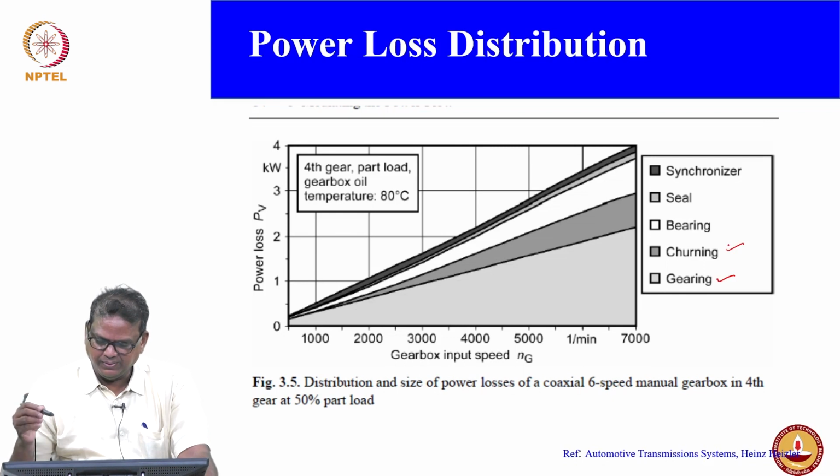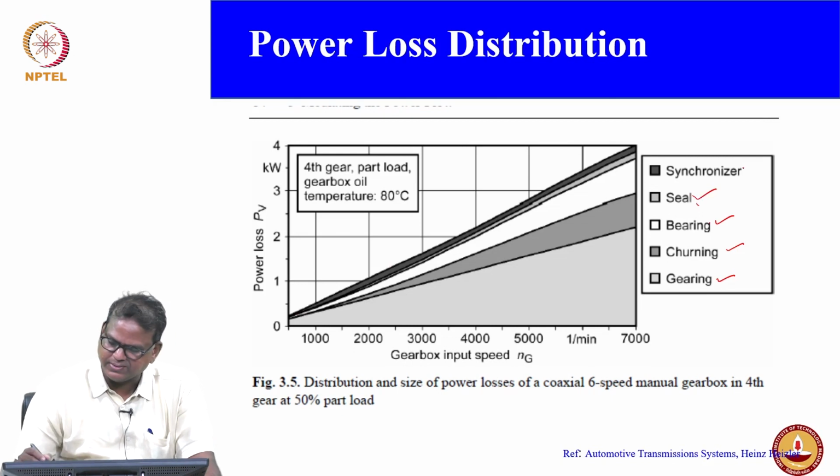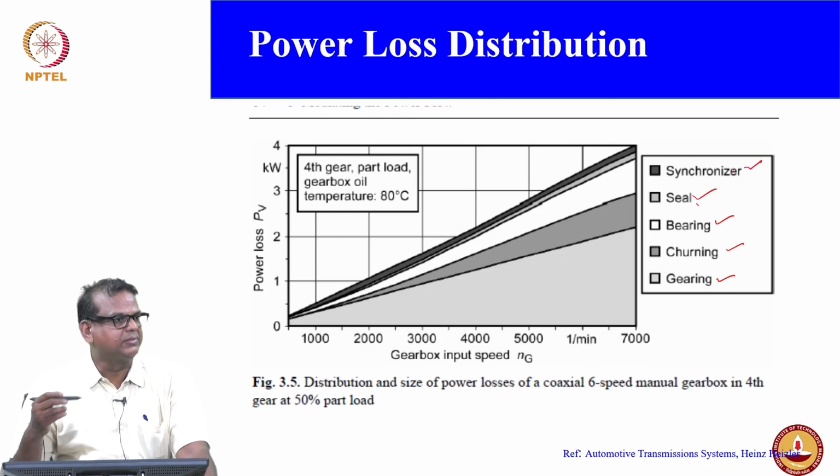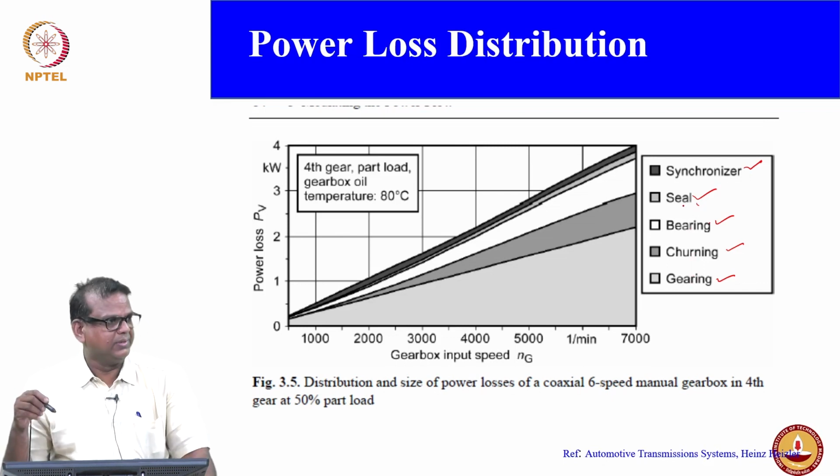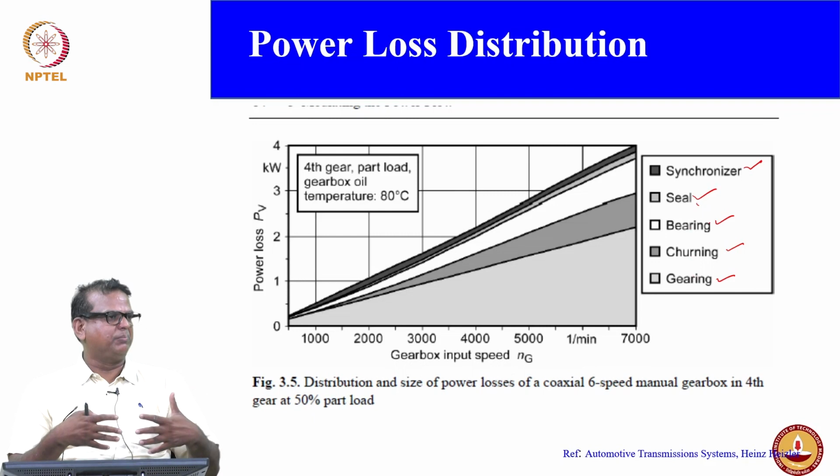Then you have the bearing aspect, the bearing and the seal, and finally there is the synchronizer. The synchromesh gear is going to have another loss also, but so far we have discussed only the gearing, churning, bearing and seal. So, you can see, the more the gears, the more the power loss.